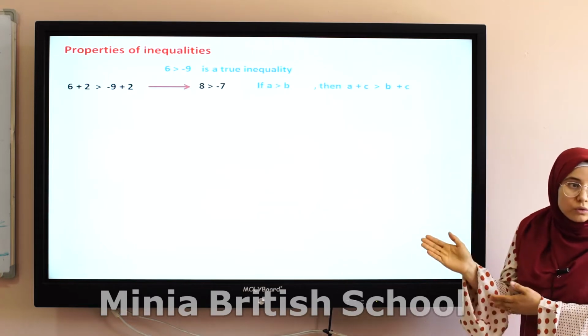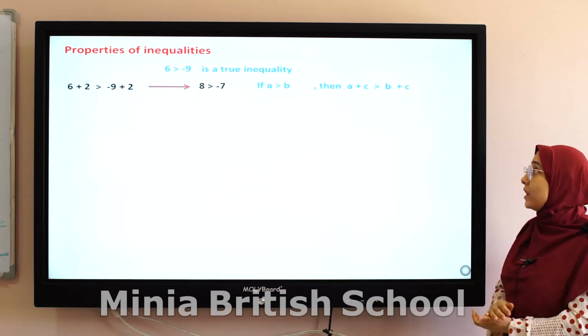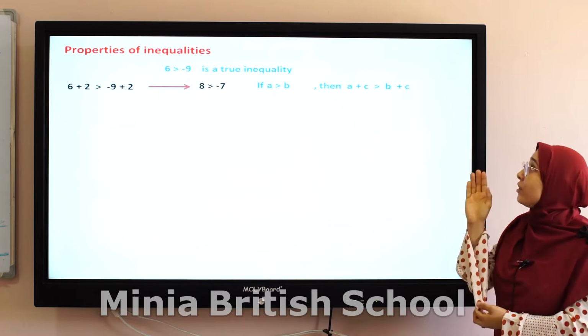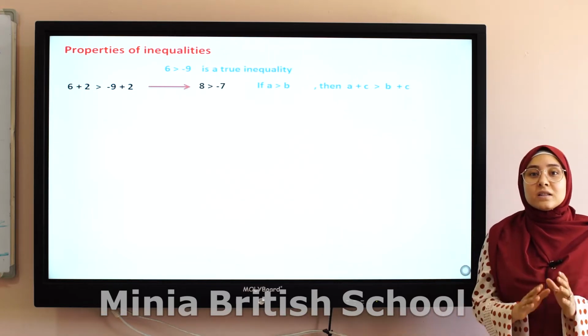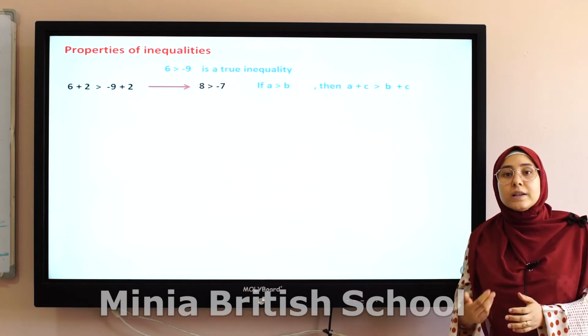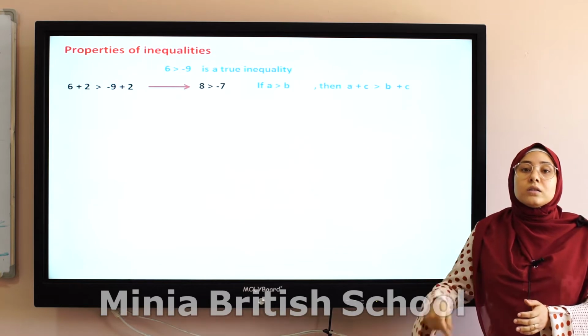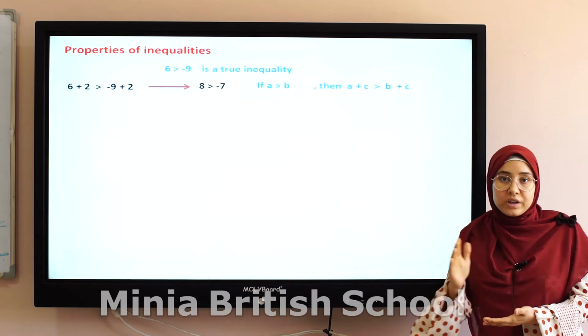It is a true inequality. So if A greater than B, then A plus C greater than B plus C. So in general, we can add a constant number to both sides of the inequality without changing the sign of the inequality.